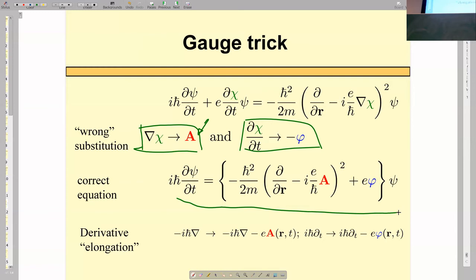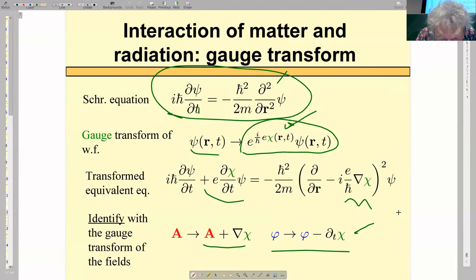Why is it wrong? Because if you look at this equation, it's not equal. It is not like this, and it is not like this. It can be changed by this amount, but it doesn't have to be equal.